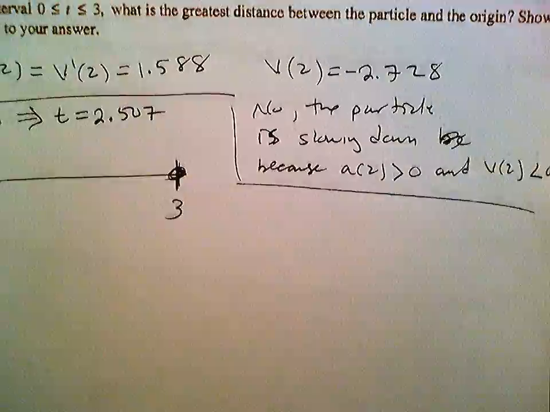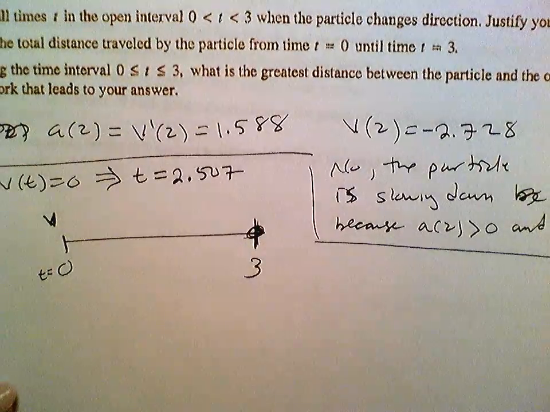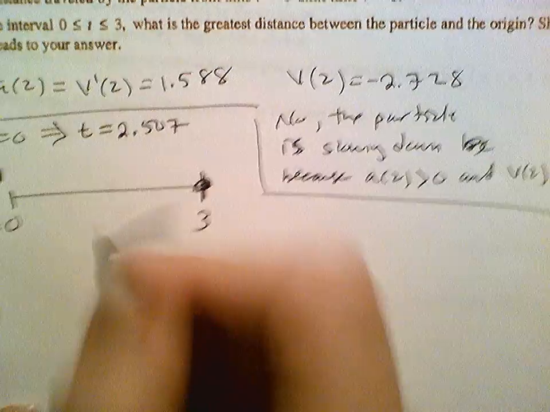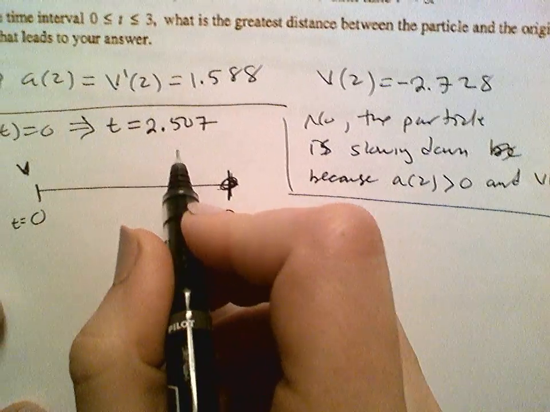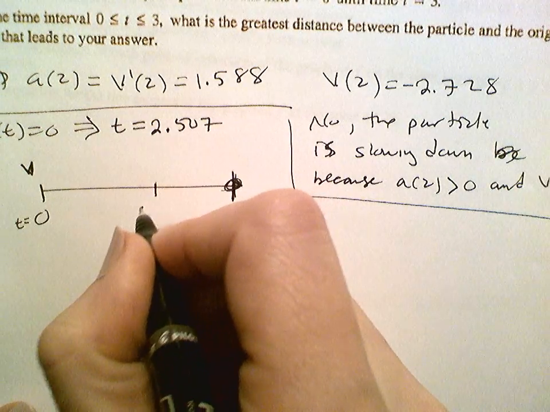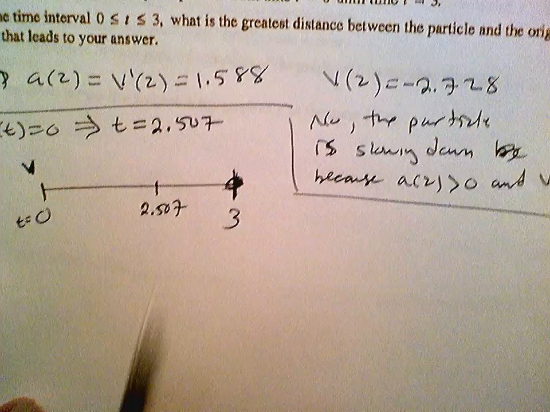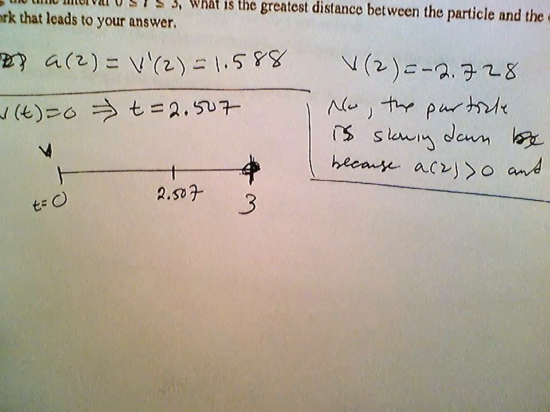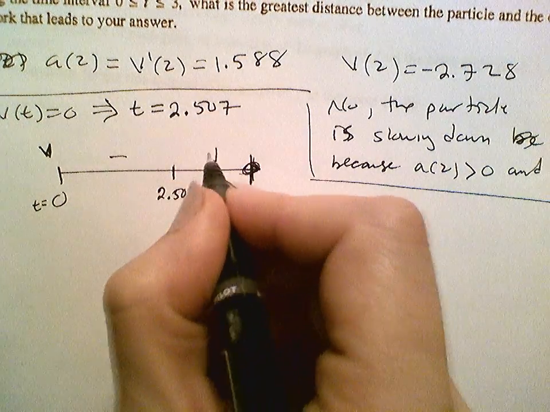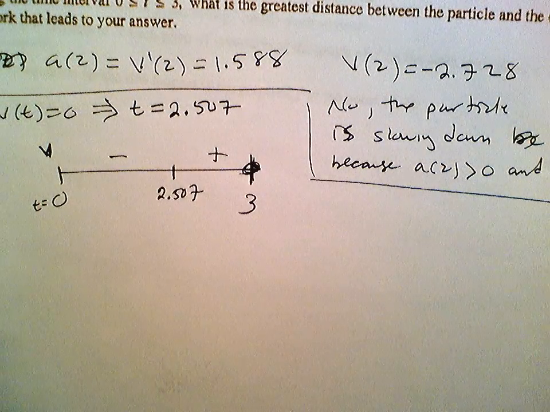Okay, so find all times in the open interval when the particle changes direction, justify your answer. Now I do know that it changes direction because I just saw its graph. So 2.507. When we looked at the graph on my calculator, it was below the x-axis here, so it was negative. It was above the x-axis there, so it was positive.